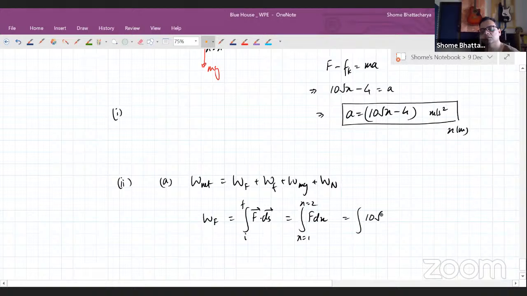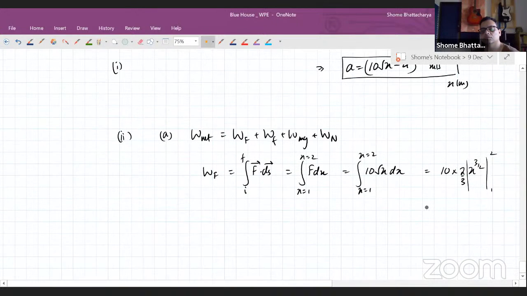That is 10 root x dx from 1 to 2. So that becomes 10 into 2 by 3 x to the power 3 by 2, from 1 to 2. So 20 by 3 into 2 root 2 minus 1. This is the work done by F in joules.